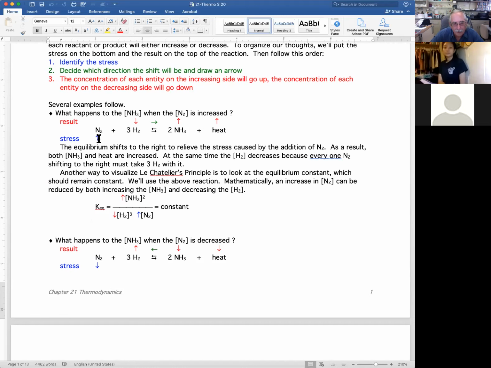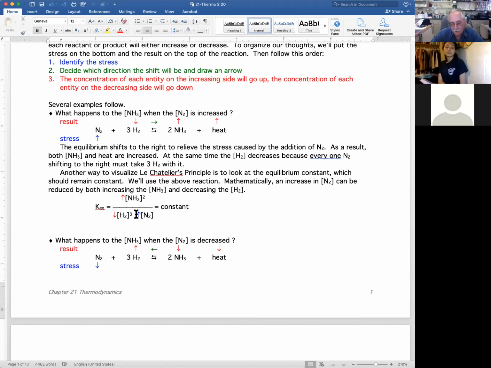What happens if I increase the nitrogen? So numerically now, if I increase this, something has to change with these other concentrations because that's still going to be a constant. So one way to alleviate the constant from changing by adding more of this is numerically, if I increase the denominator, I increase the numerator. And does that make sense? Yes, it does.